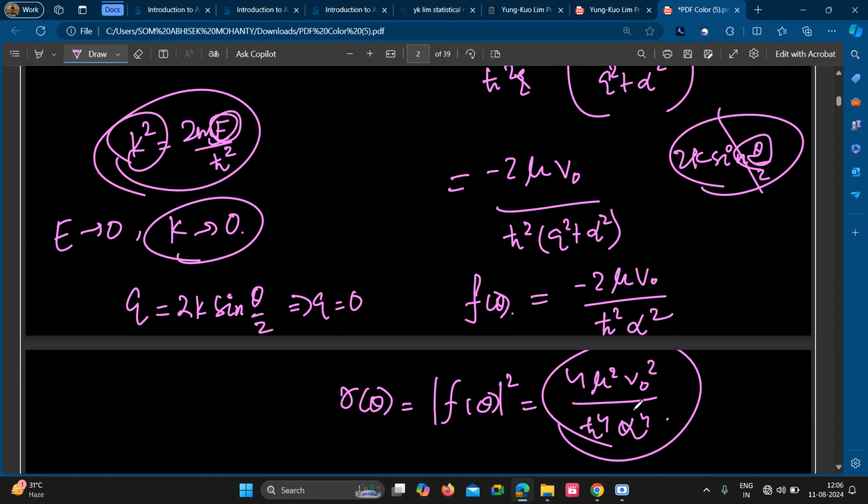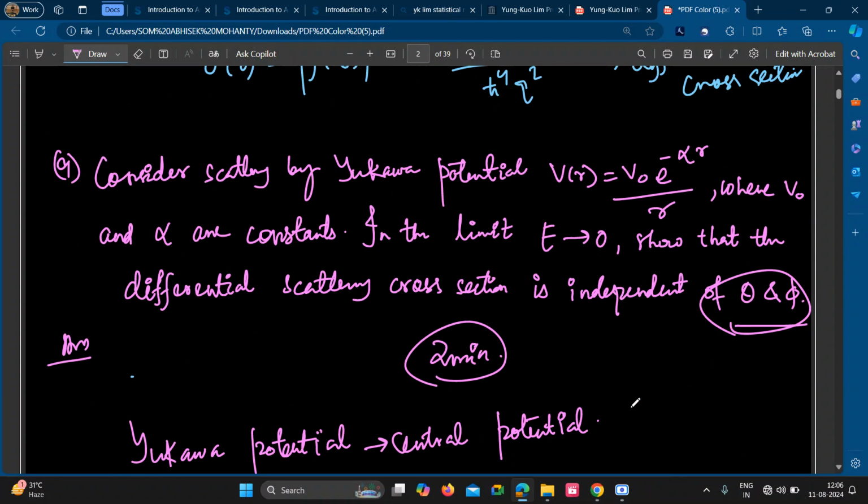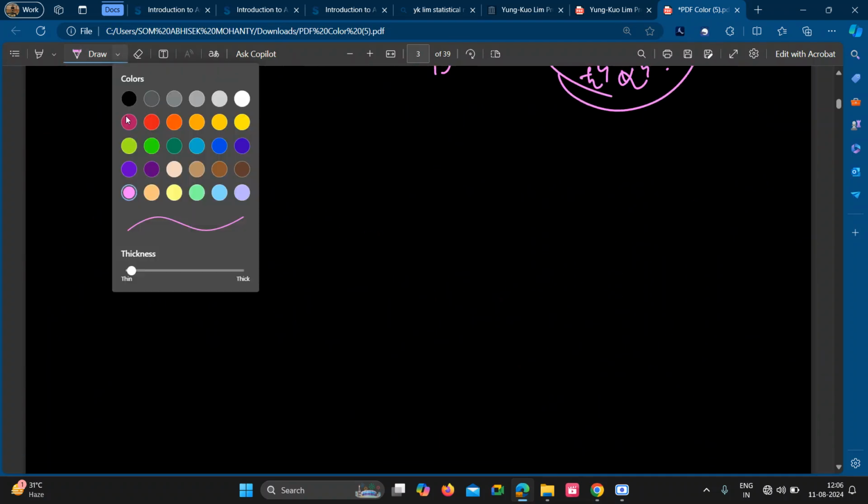Now you will find these questions really easy, if you have done these previous questions by yourself. Write a question. Question number 10.